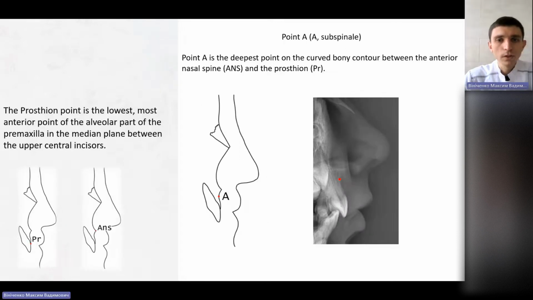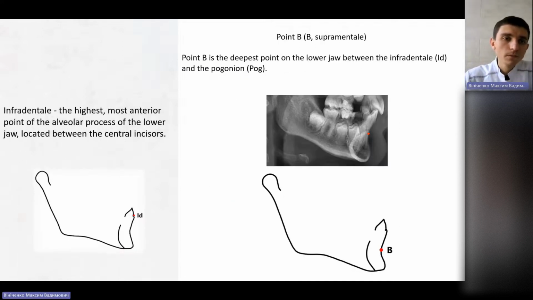Point A, also called the dot subspinale. Point A is the deepest point on the curved bony contour between the anterior nasal spine and the prosthion. Anterior nasal spine, prosthion, the deepest contour is point A. Point B is between the infradentale and the pogonion.